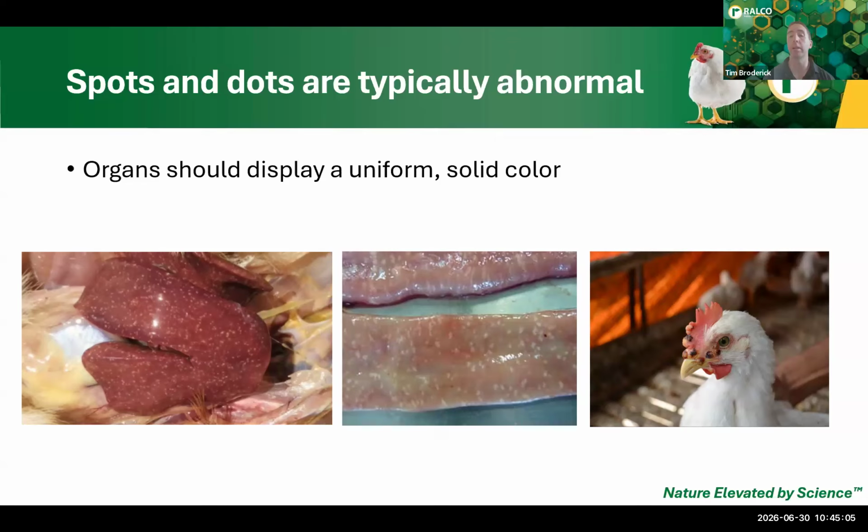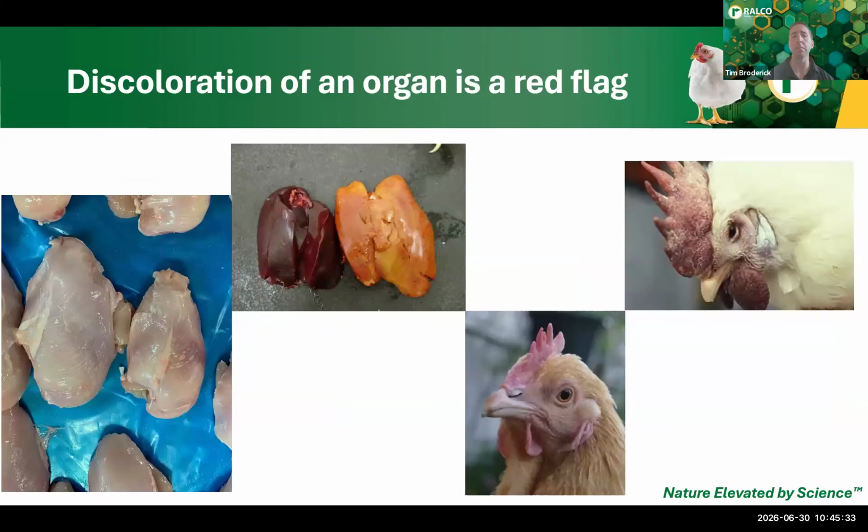Similarly on the viral side, for example, fowl pox, it's a little bit more strikingly obvious when we look at the birds, but at the same time, we're seeing these dots, in this case as warts, primarily on the comb and wattles and the face at large. So again, if we're seeing spots and dots, whether it's internal or external, that's definitely noteworthy, and we want to bring it into that record.